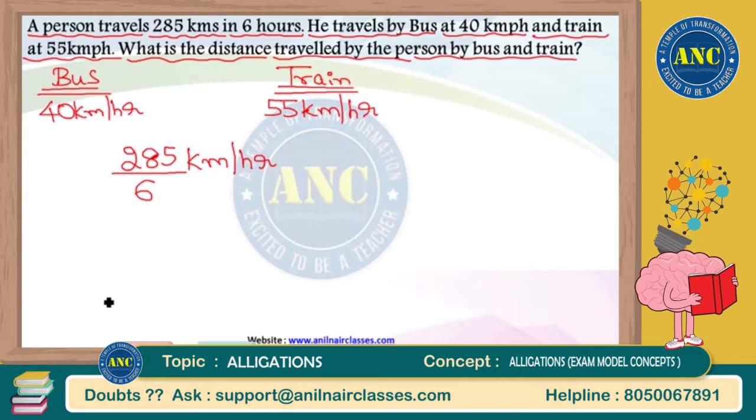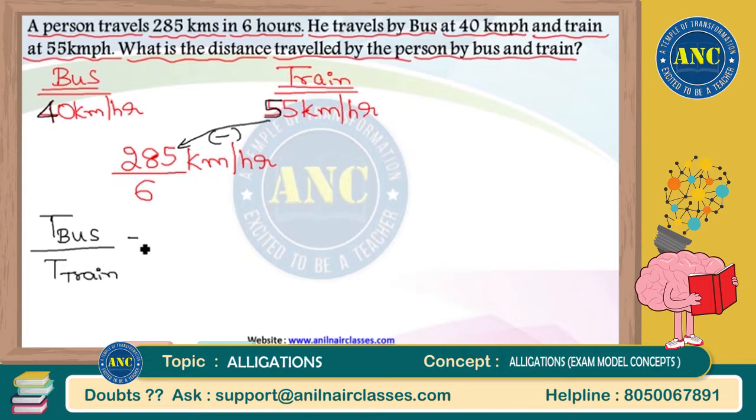Now see here, sir, same logic. This is speed, this is also speed, this also is nothing but speed. If I alligate speed, I will get the ratio of time periods. That means I will get the ratio of time taken in bus divided by time taken in train.